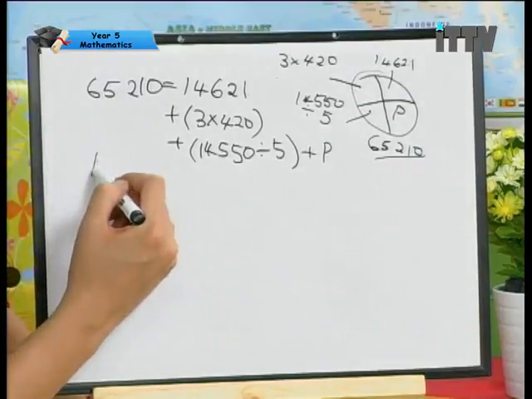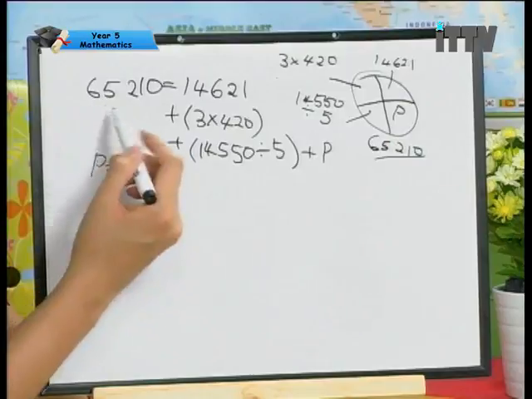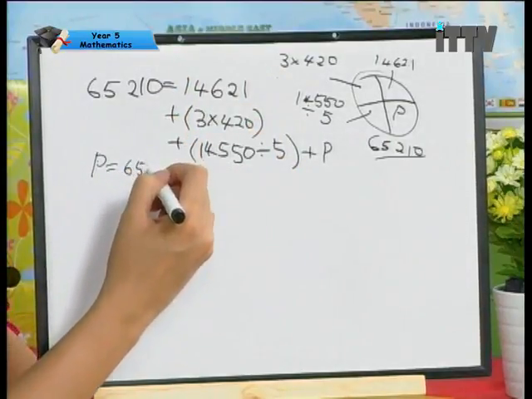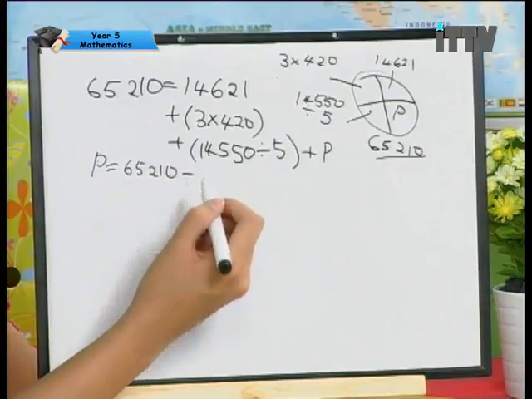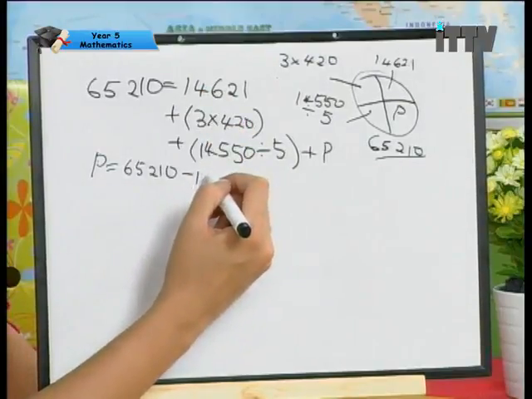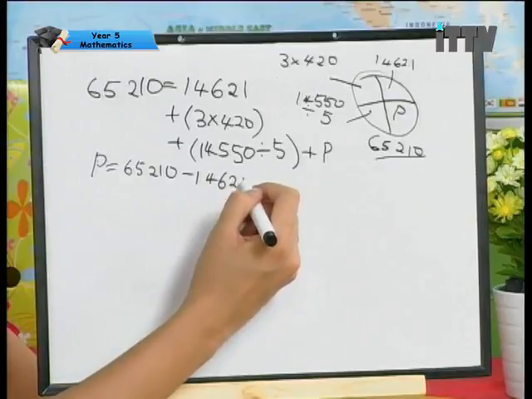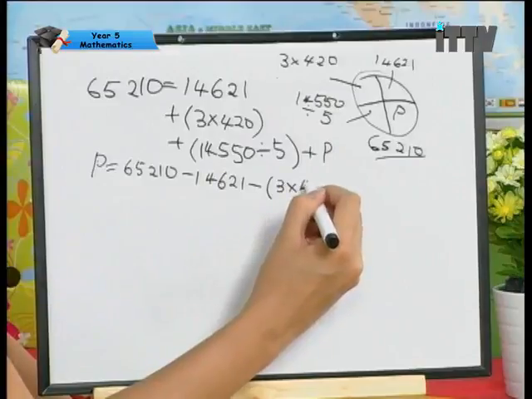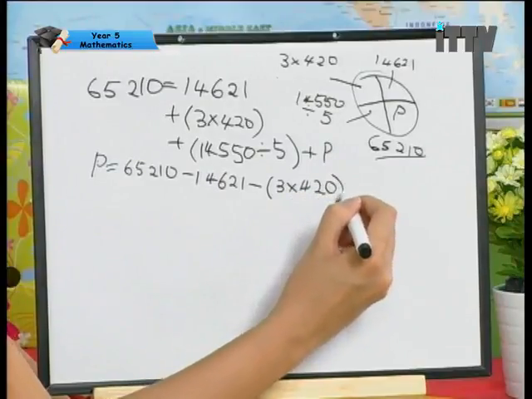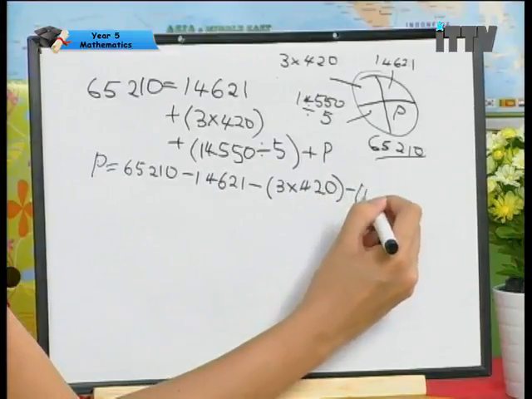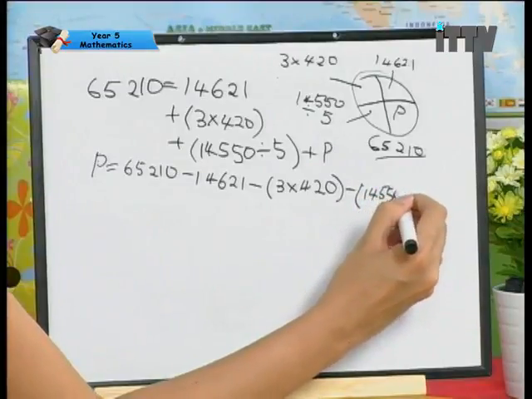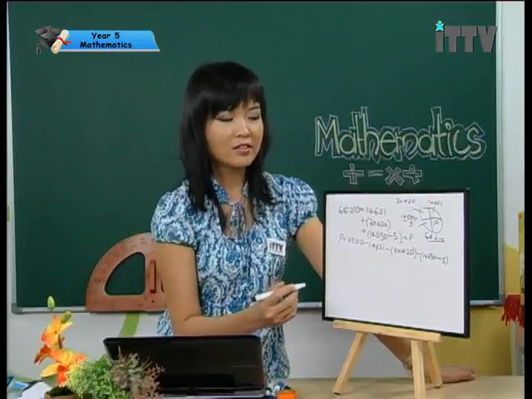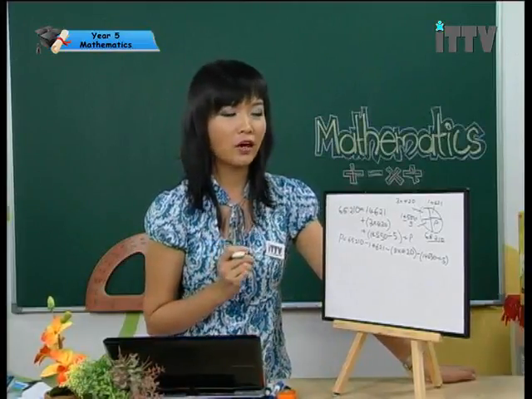So, P would actually be the whole number minus off each of these parts. 65,210 minus 14,621 minus bracket 3 times 420 minus 14,550 divided by 5. Okay, now, as you can see, there are a lot of operations involved here.